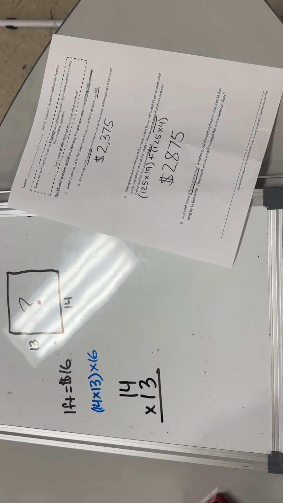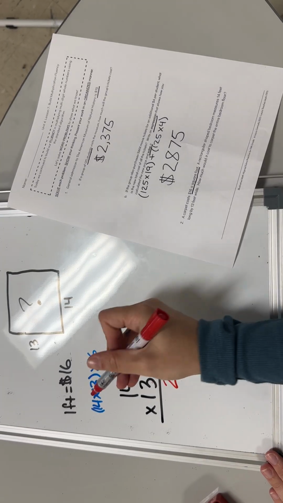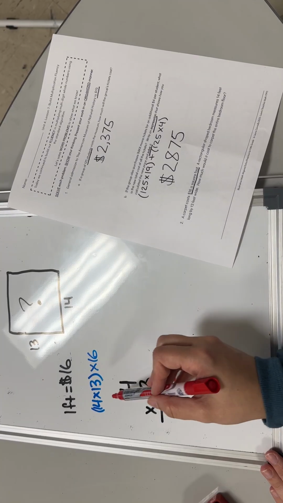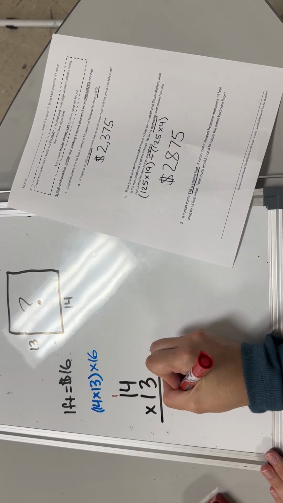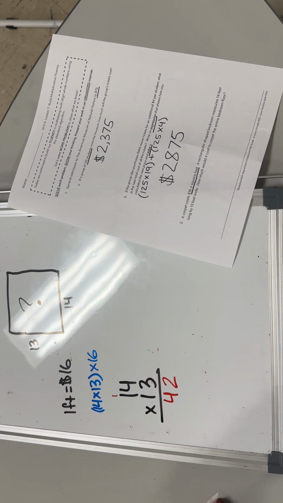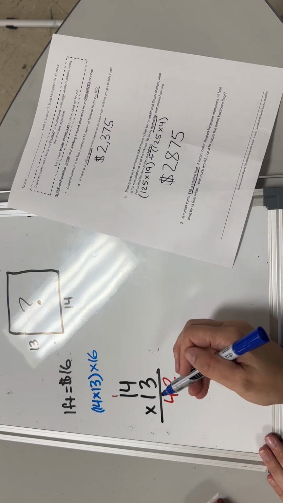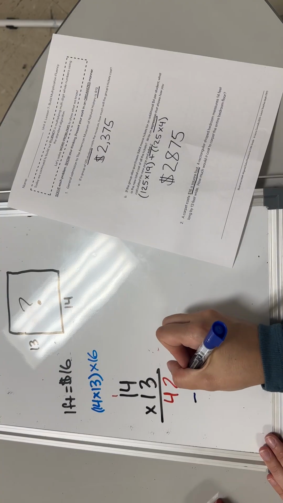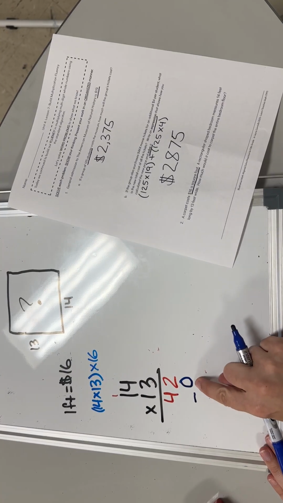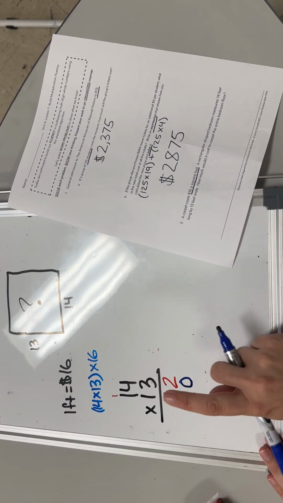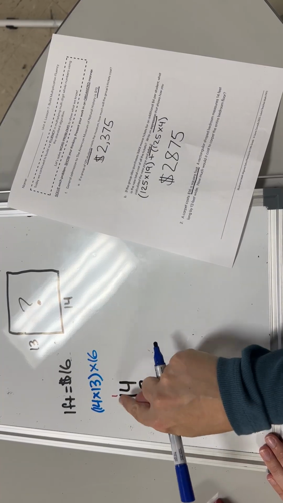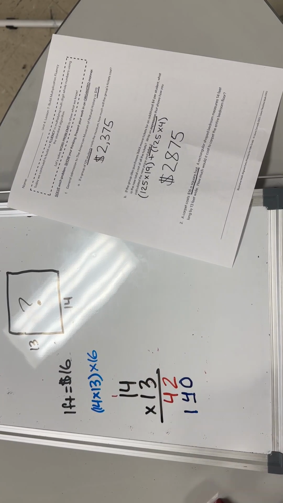4 times 3 is going to give me 12, so I'll place the 2 and carry the 1. 3 times 1 is going to give me 3, plus 1 is 4. For my second partial product, I'm in my tens place value, so I am going to put this answer in the tens, leaving the ones place value open for my 0. And then I do 1 times 4 for 4, and 1 times 1 for 1.